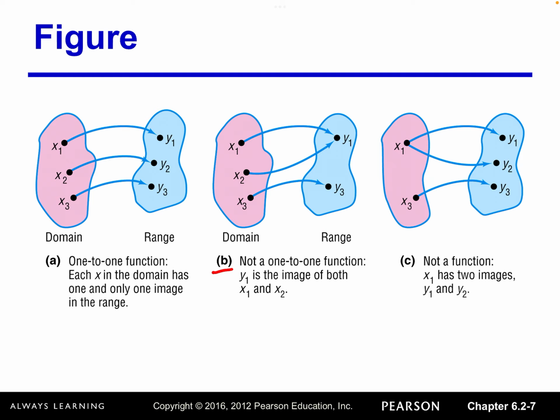It only defines that different x must pair with only one y, but we don't care whether one y pairs with just one x or not. So B represents a function. And C is just a relation, not a function, and since it's not a function, of course it won't be a one-to-one function. So from left to right the restrictions are looser, and from right to left it is more and more restricted.